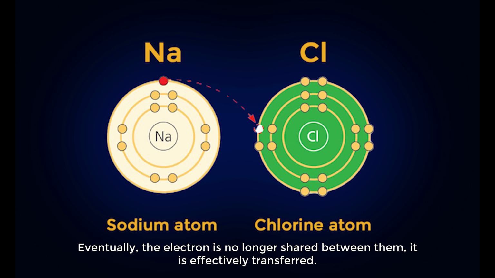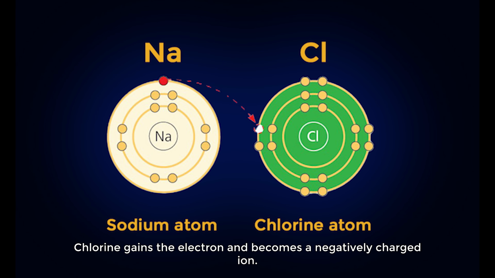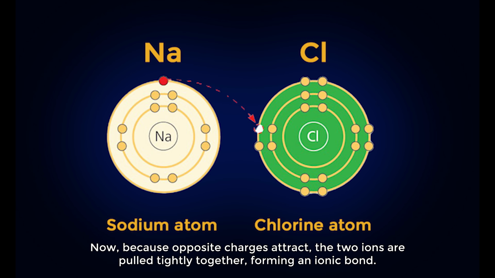Eventually, the electron is no longer shared between them. It is effectively transferred. As a result, sodium loses that electron and becomes a positively charged ion. Chlorine gains the electron and becomes a negatively charged ion. Now, because opposite charges attract, the two ions are pulled tightly together, forming an ionic bond.